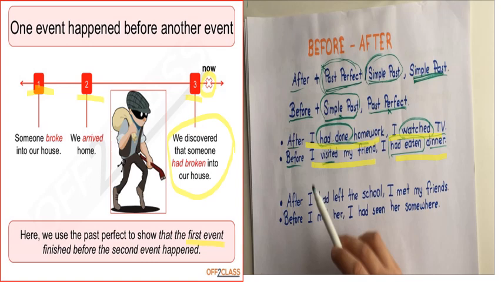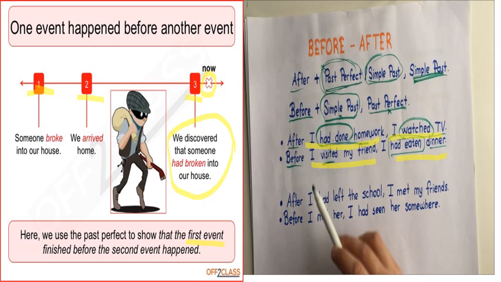With before: before I met her, I had seen her somewhere. So which one is the first action? Seeing her somewhere is the first action. Both of them are in the past actually, and the second one is meeting her. So here the order of events is changed.